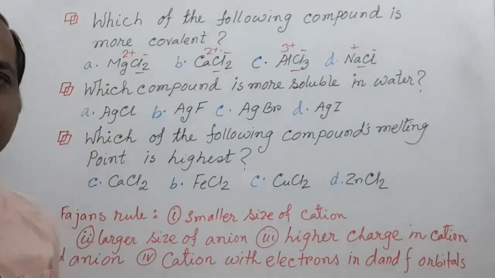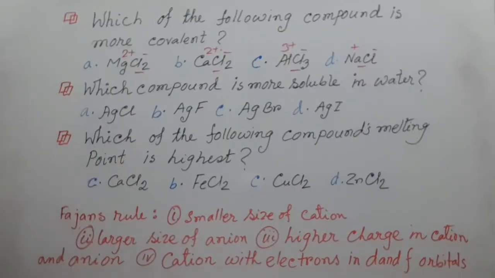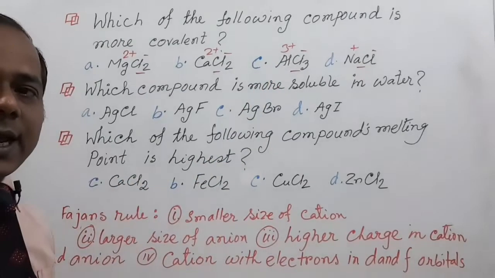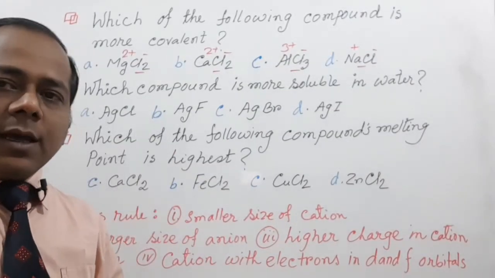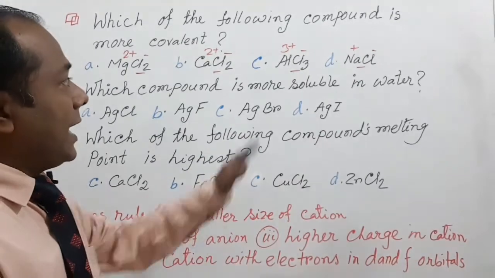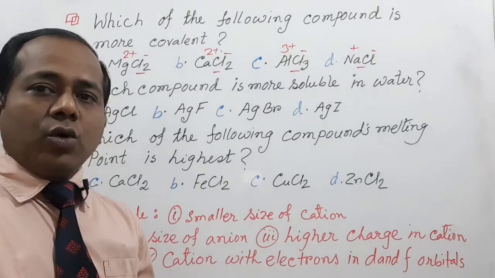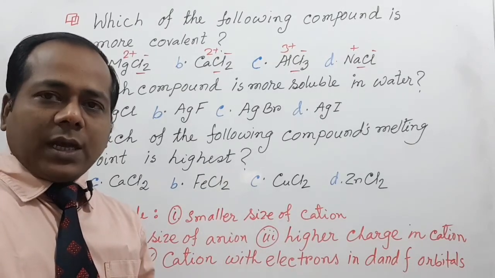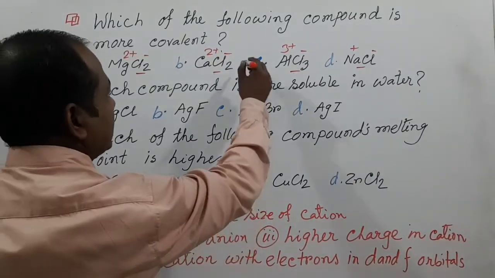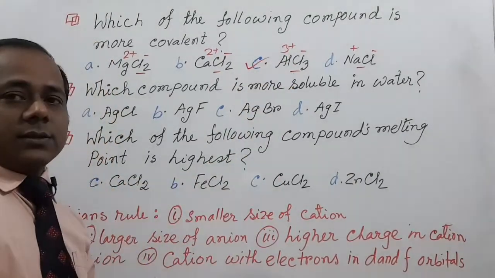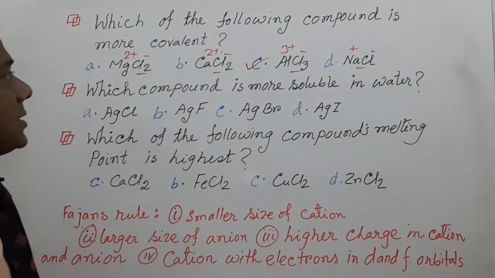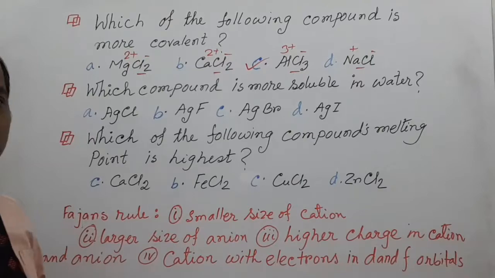If we see the cations, we can say aluminum is the smallest cation among these, and the charge density of aluminum is more than the others, and that's why aluminum chloride is more covalent. So the correct answer is aluminum chloride.